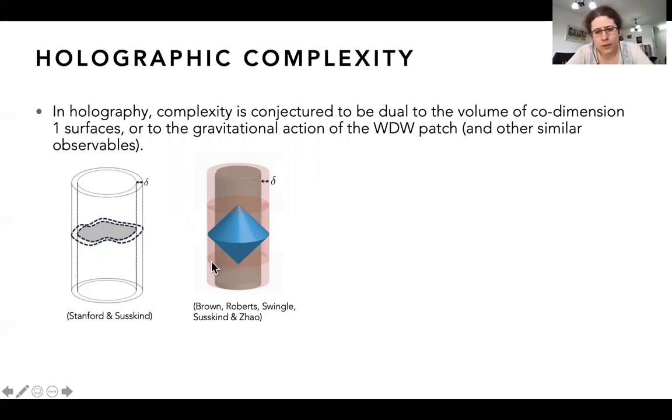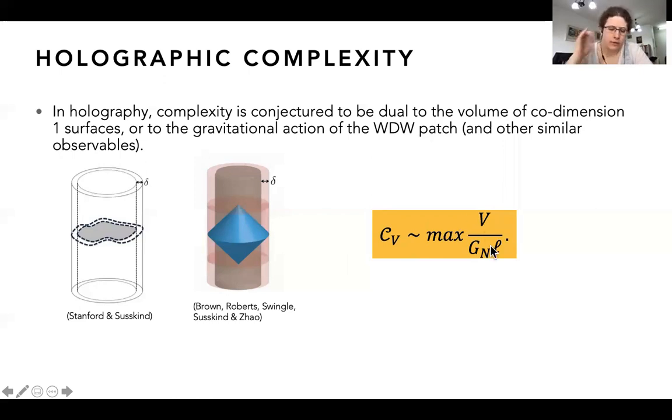Alternatively, a proposal was made which relates the complexity to the action of a diamond-like or cone-shaped region in the bulk, the Wheeler-DeWitt patch, again anchored at the time slice where the state is defined on the boundary. I'm going to focus on the volume proposal, which says that the complexity is dual to a maximal volume of a given state at a given time.